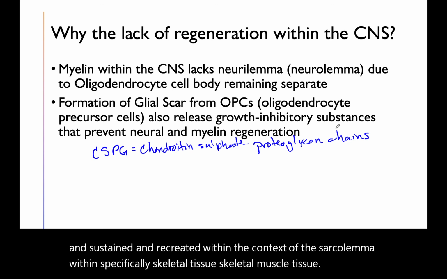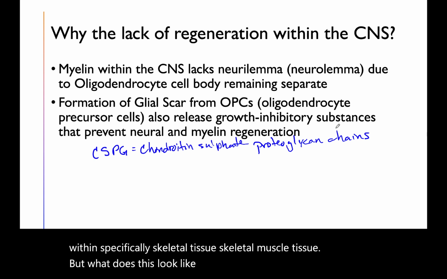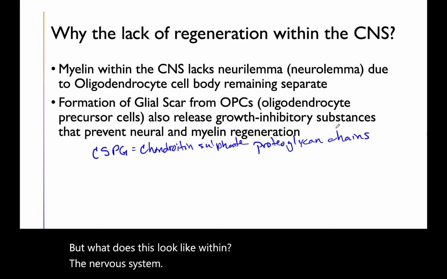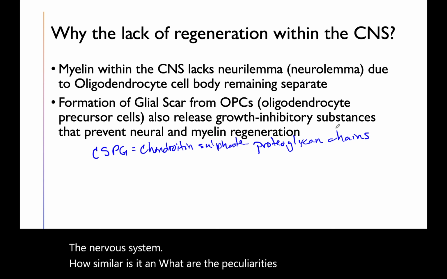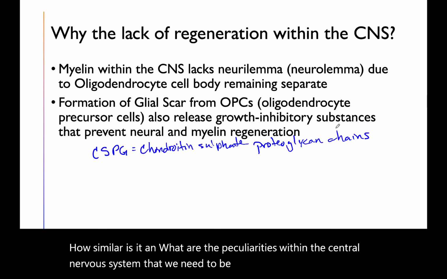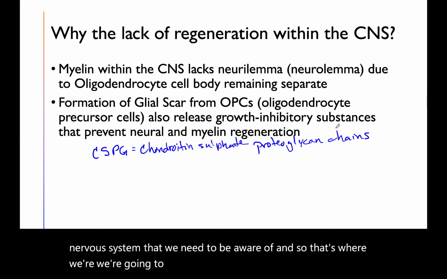But what does this look like within the nervous system? How similar is it, and what are the peculiarities within the central nervous system that we need to be aware of? And so that's where we're going to be heading in the next video.